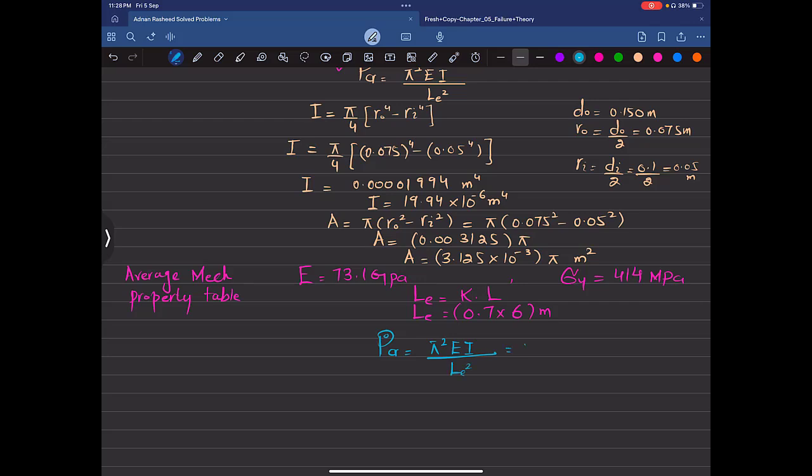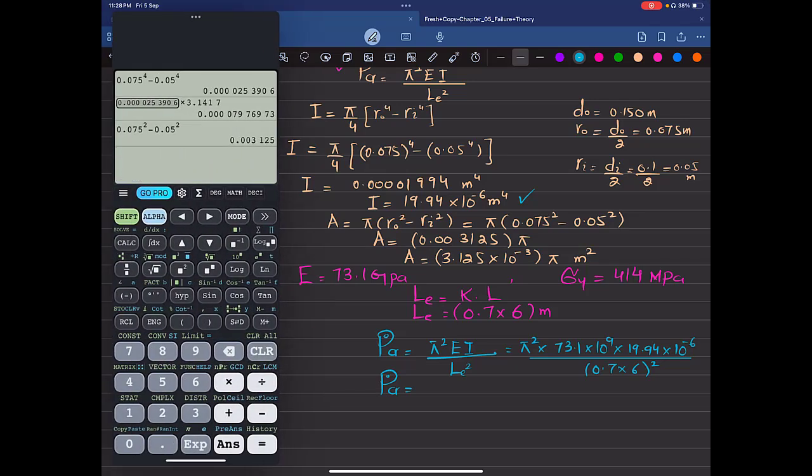So pi square times E, which is 73.1 into 10 raised to power 9 Pascal, multiplied by I, which we have calculated, 19.94 into 10 raised to power minus 6, divided by LE square, which is 0.7 multiplied by 6 whole square. We will solve this and write the value of P critical.